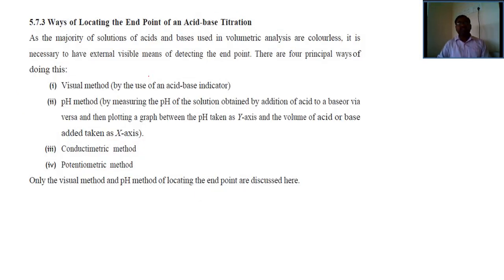Ways of locating the endpoint of an acid-base titration. There are four principal ways of doing this: visual method, pH method, conductometric method and potentiometric method.